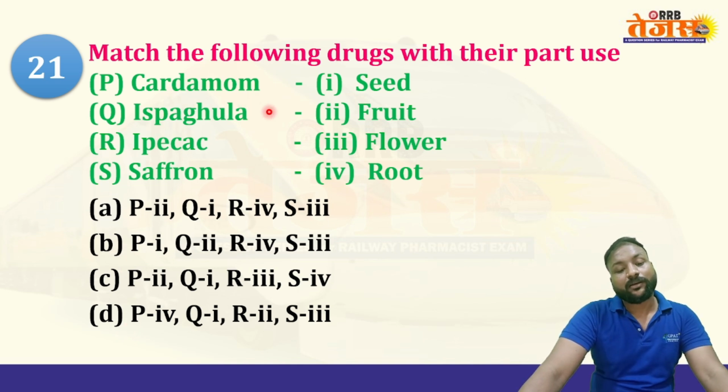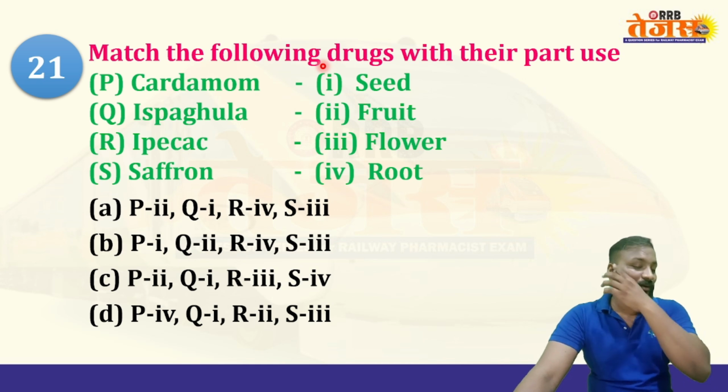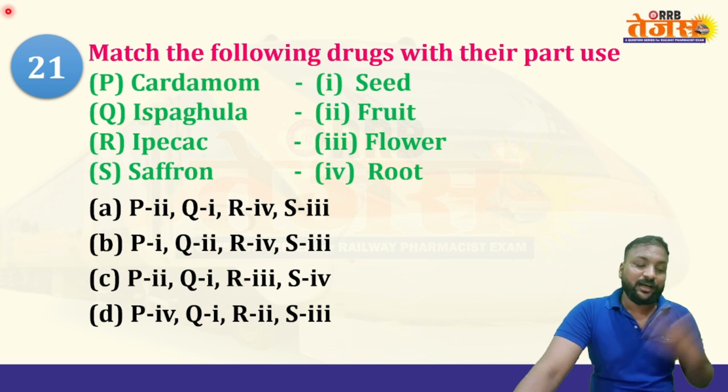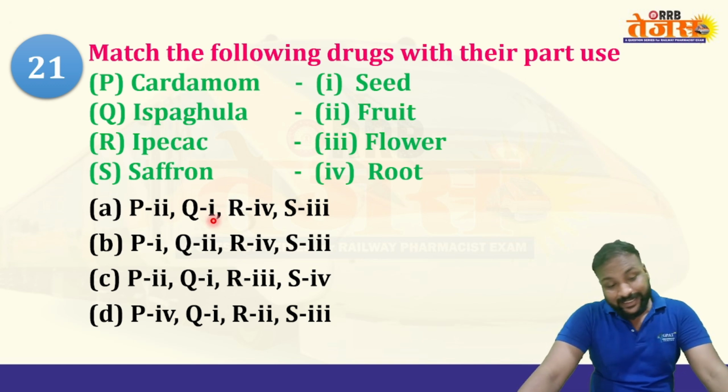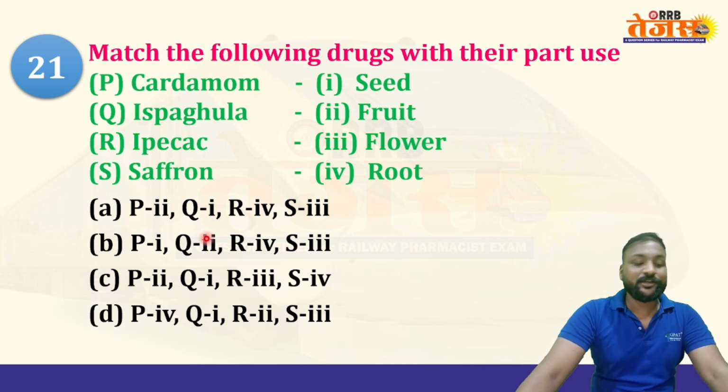Isabgol. Option A is also right, and option C is also right according to these two options. P refers to cardamom, a fruit, very good, and option C also says cardamom is a fruit.